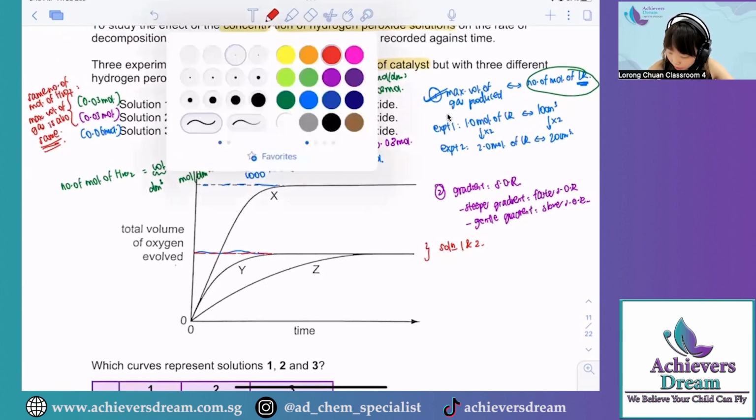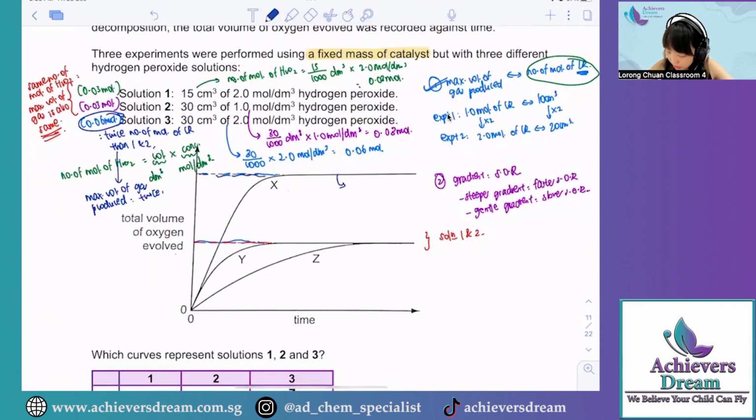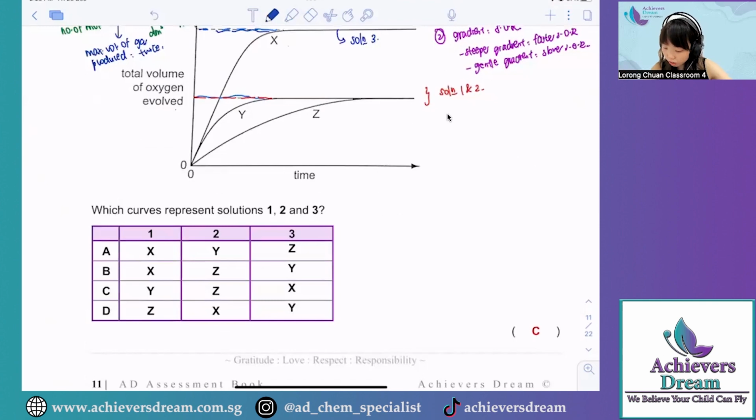Solution 3, with 0.06 moles, has twice the number of moles of limiting reagent than solution 1 and 2, so the maximum volume of gas produced would also be twice. Since curve X has twice the maximum volume compared to Y and Z, it must correspond to solution 3. So straight away you know that curve X is solution 3, which means the answer is option C.